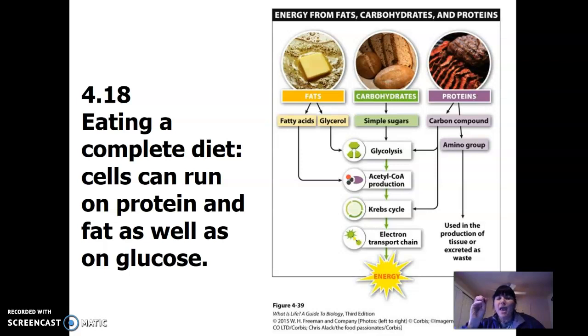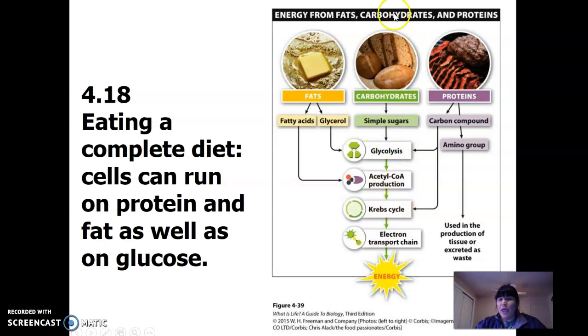But if we don't have those, our body can break down other molecules to get ATP to do work. Okay. So energy from fats, carbohydrates, proteins. Carbohydrates are the main ones. They're the first ones that are going to be used to make that ATP. So simple sugars, glycolysis, Krebs cycle, electron transport, okay, energy.